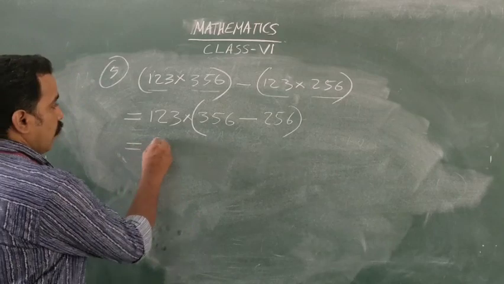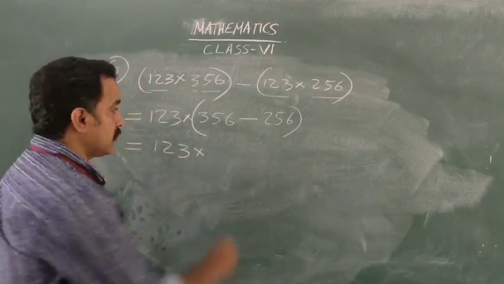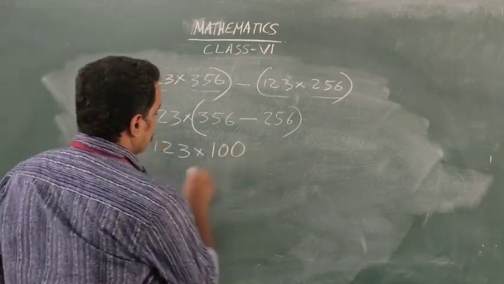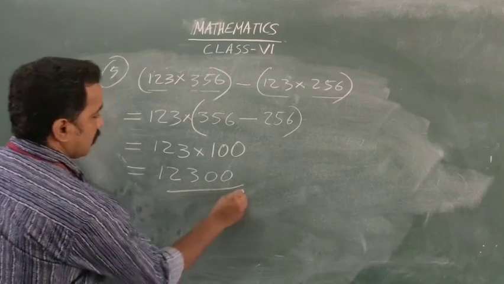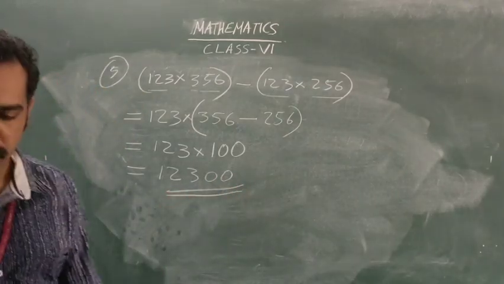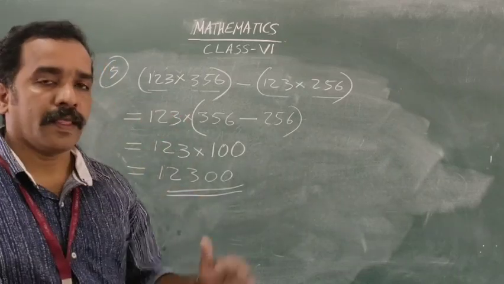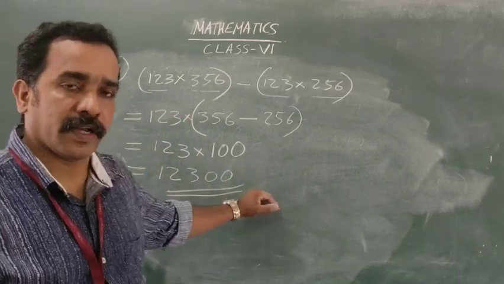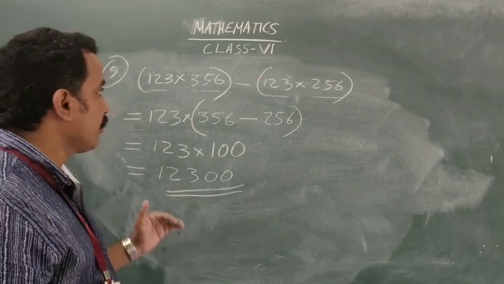That is easy. 123 into (356 minus 256) is 123 into 100. Now it is easy. So the remaining questions, you look at in that way and try yourself. If any doubt, you can contact me at any time.